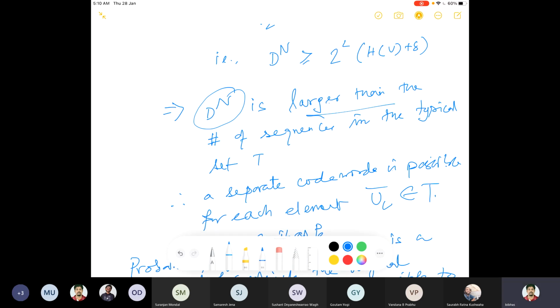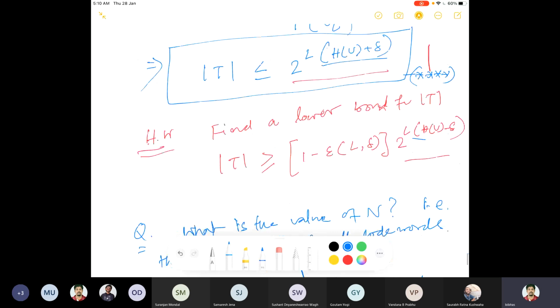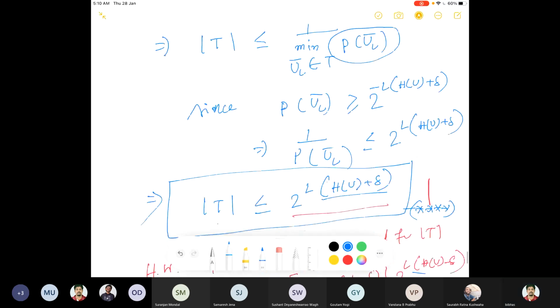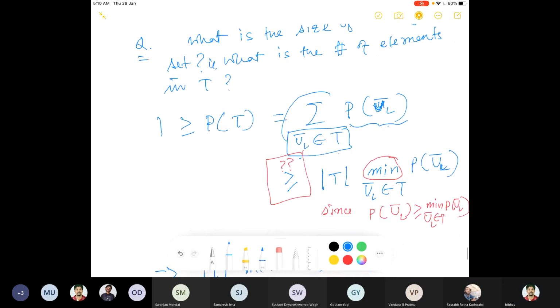But what is the meaning of saying a sequence is in the typical set? This is how we defined it here.